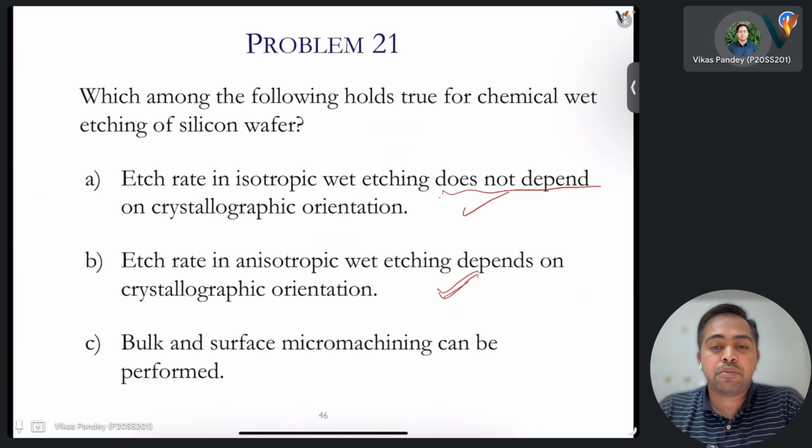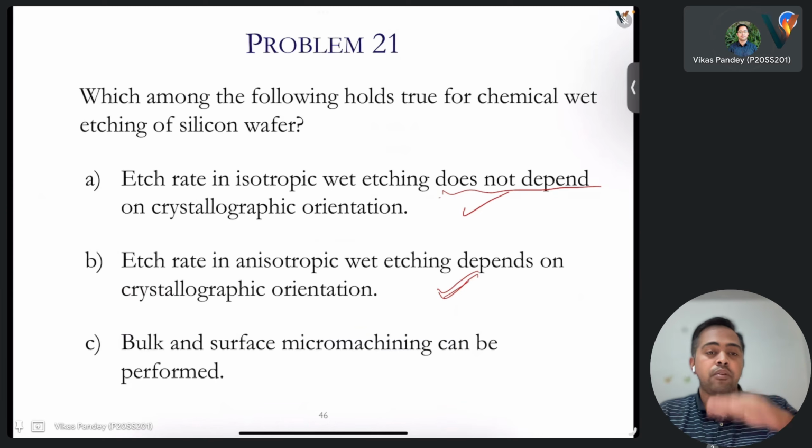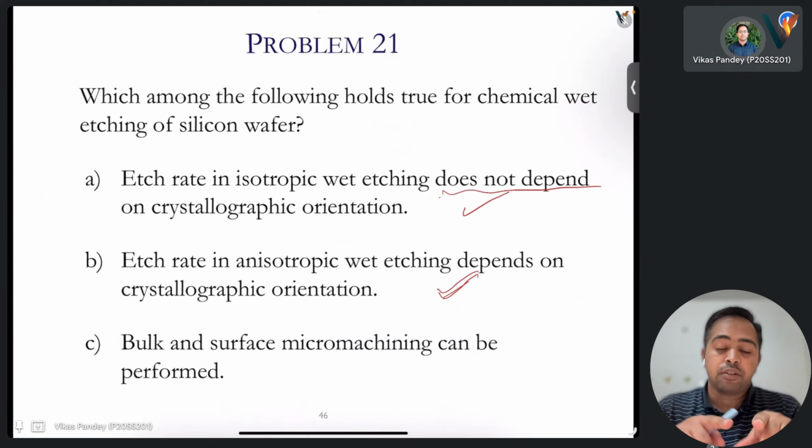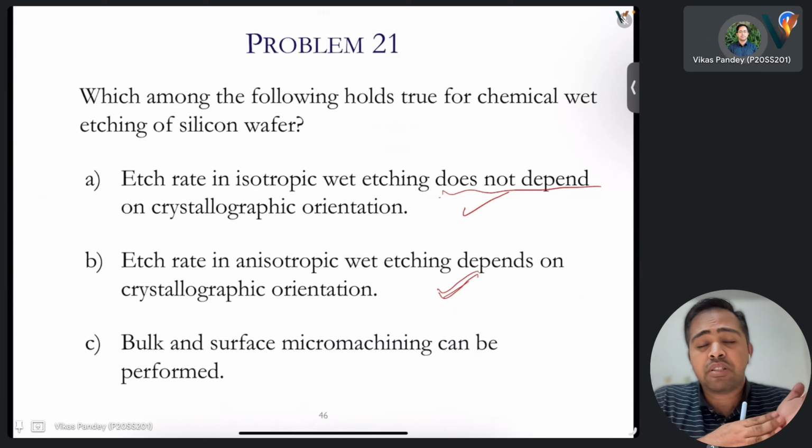Bulk and surface micromachining can be performed. We have seen at many places that we were doing surface etching, like making the electrodes and IDE patterns, heaters; they were surface micromachining.